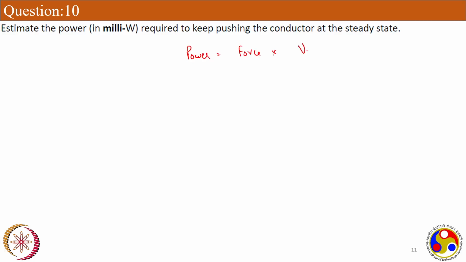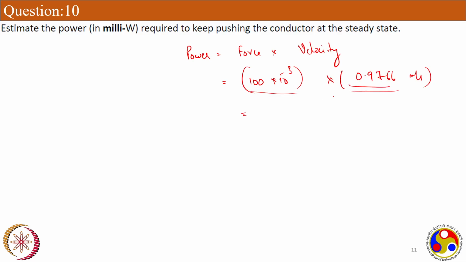Force was already given when pushing the conductor, 100 millinewton, and velocity we just calculated, 0.9766 meters per second. Both are in SI units. If you calculate, it will be 97.66 milliwatts. There is another formula, P equals I square R. You can calculate that also. It should give the same result.